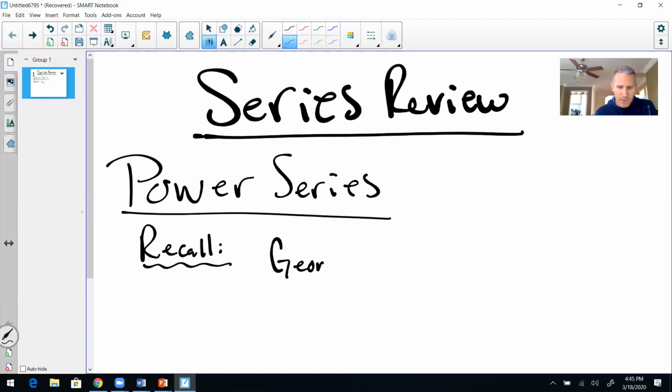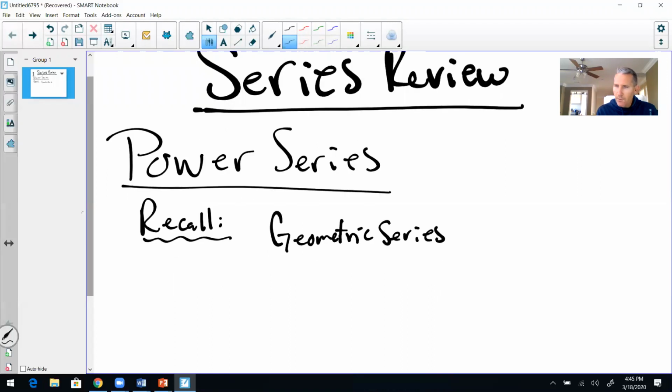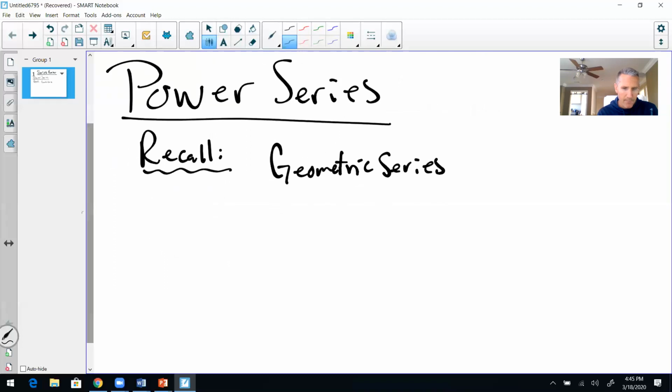So for a geometric series, we have some common ratio. So, you know, in general, what we have is, let's say, some sum as n goes from 0 to infinity of something like r to the nth power.